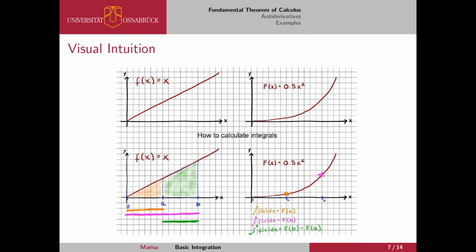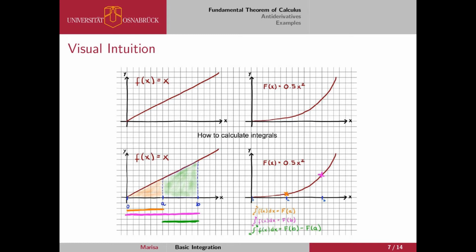Here you can see a graph of the function f of x on the left side, and a graph of the function capital F of x, which is the antiderivative of f of x, on the right side. Note that the scales here don't match, but this is just to give you a visual intuition. On the bottom left, we can see different borders, which are 0, which is the beginning of the interval on which our function is mapping, a, which is somewhere in the middle, and b, which is more to the right.